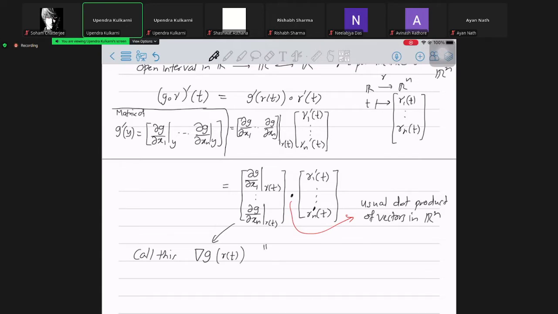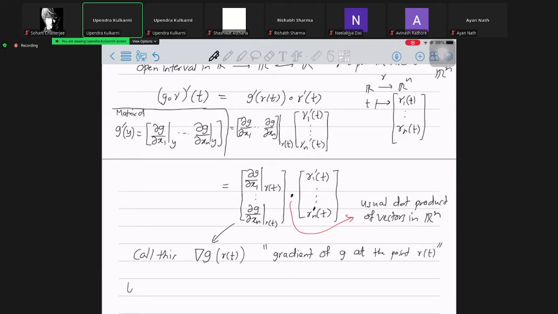And the name for this is the gradient of the function G at the point gamma of t. You see, gamma of t is just some point. So gradient of G at the point gamma t. So this is a useful result.